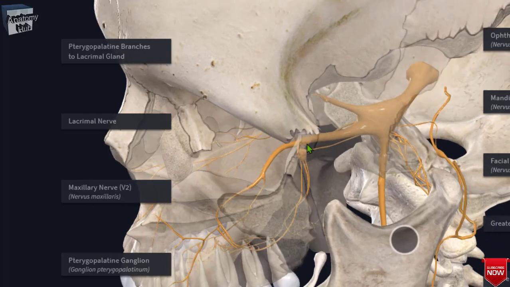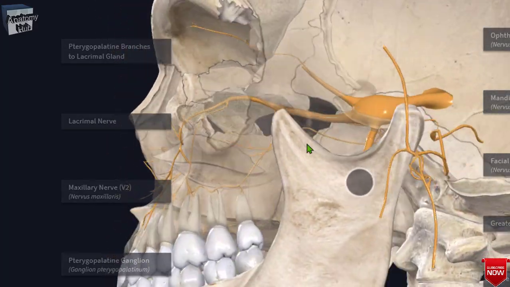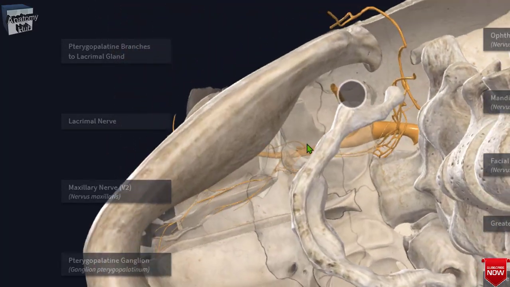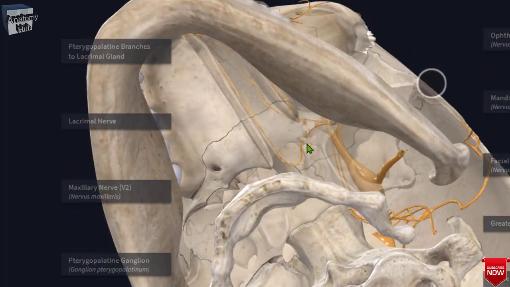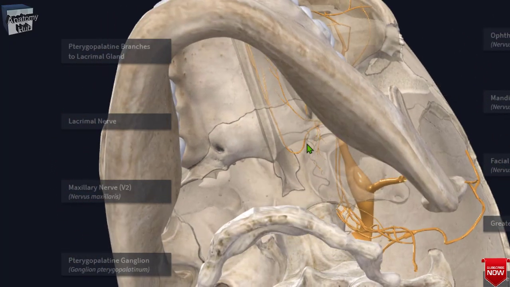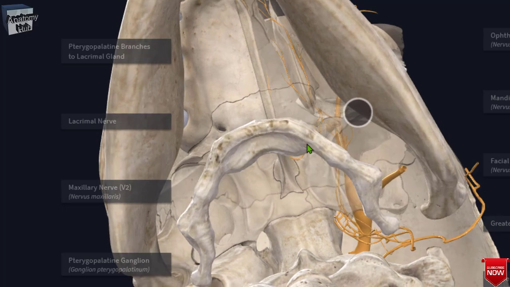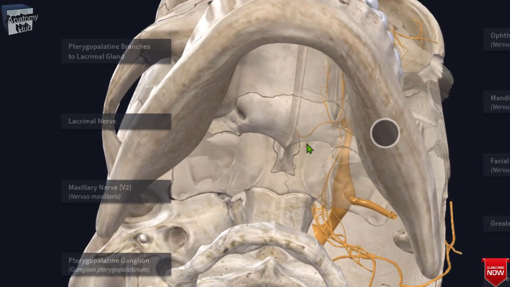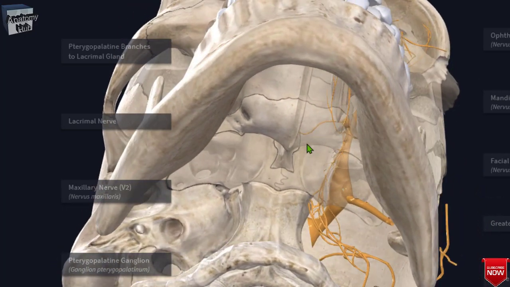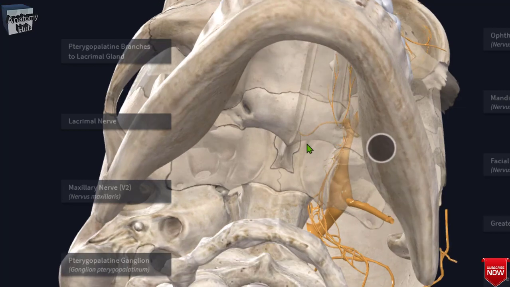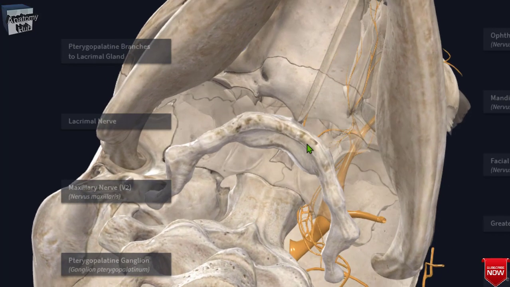So details we have discussed in the pterygopalatine fossa, but here we will see how the greater palatine nerve and vessels pass through this canal and come out towards the oral cavity.